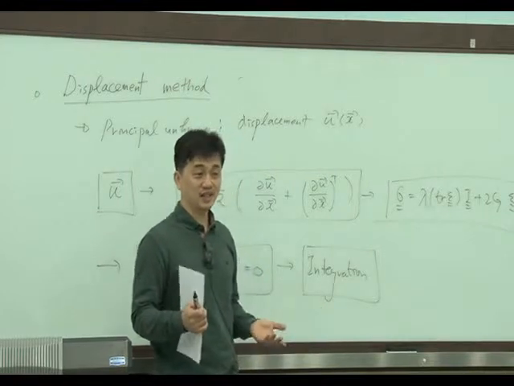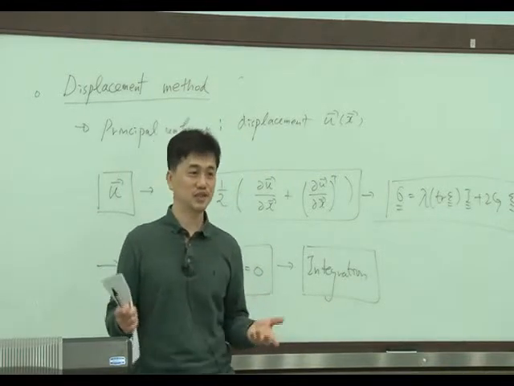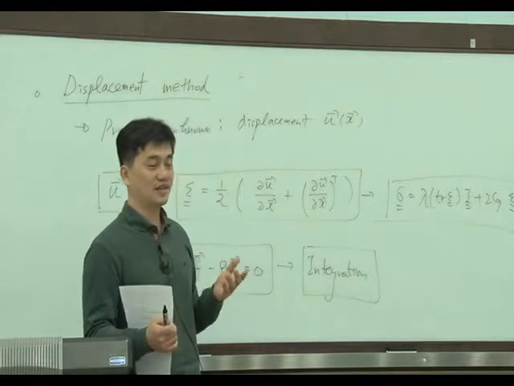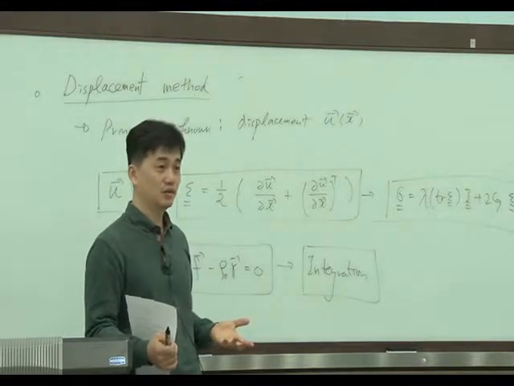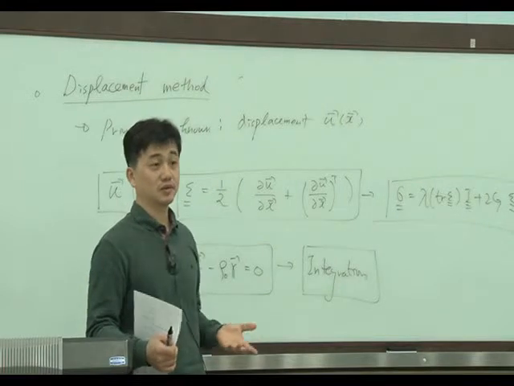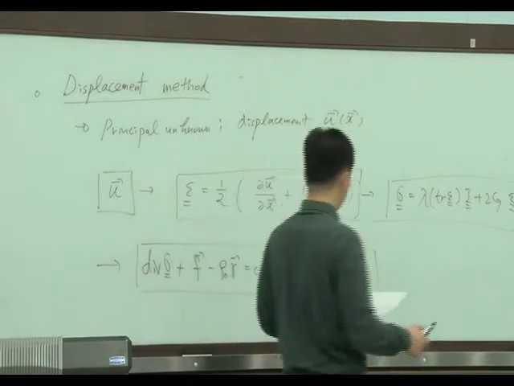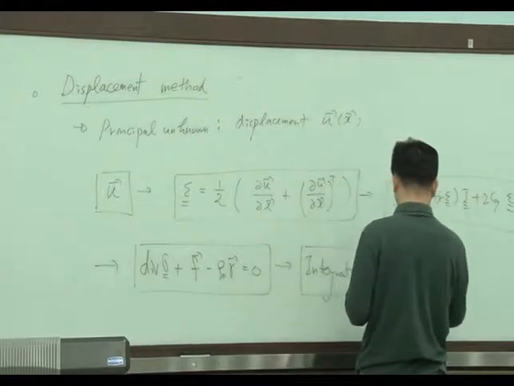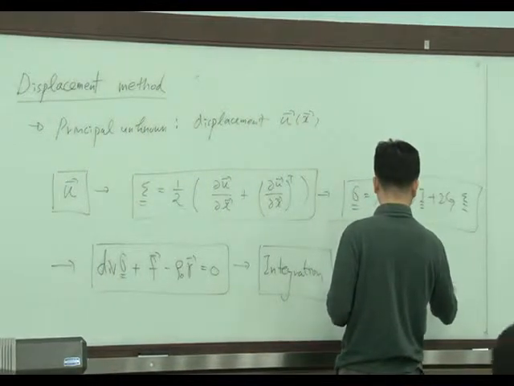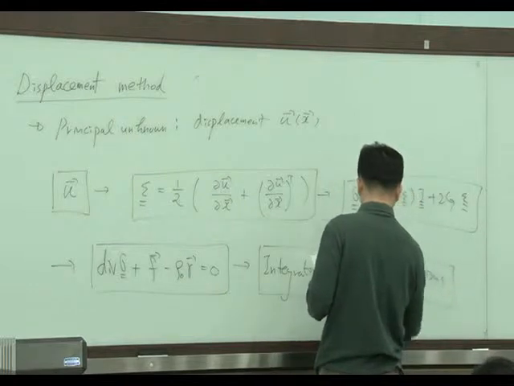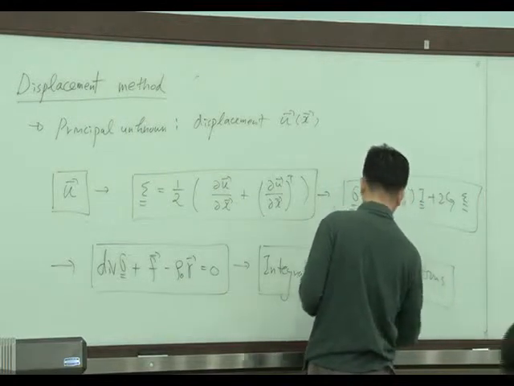Integration constant, right? C1, C2, C3, something like that. Then now we need to find that integration constant. How? By using boundary condition. Then solution. Here we need to use boundary condition.